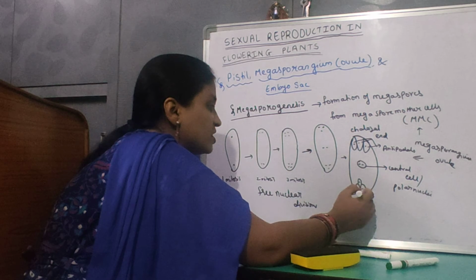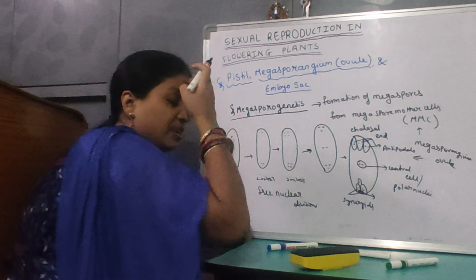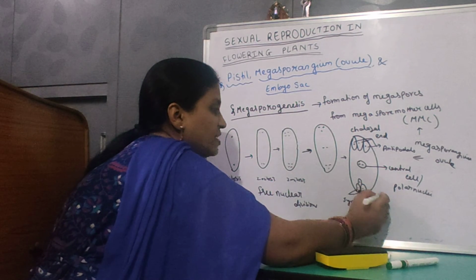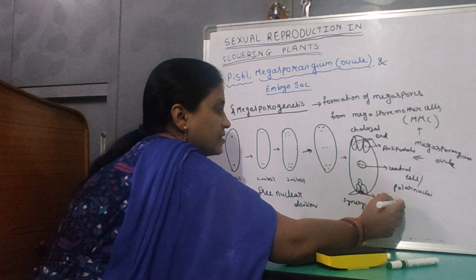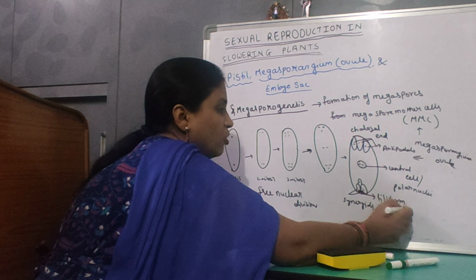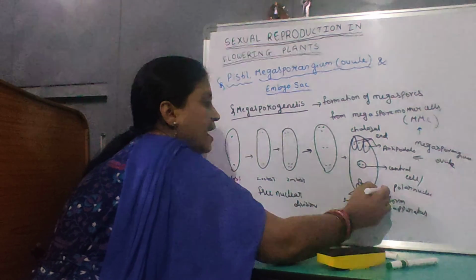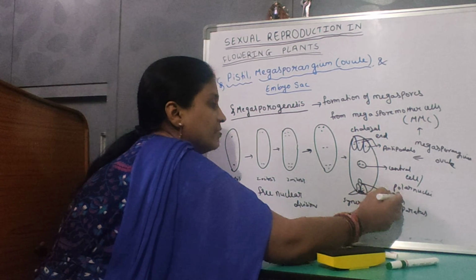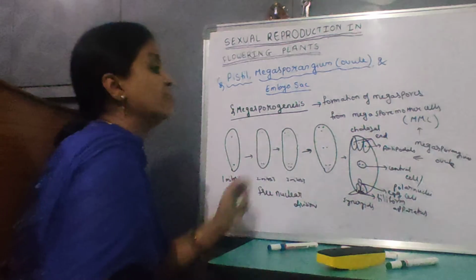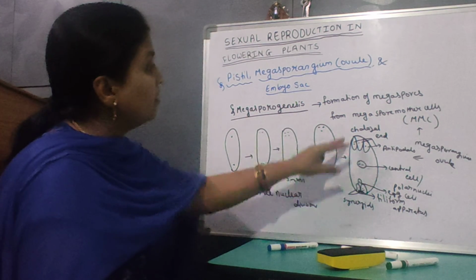Just below these two synergids, finger-like structures will be present, which are called filiform apparatus. Above the synergids is the egg cell. This is our female gamete, which is embedded in the embryo sac.